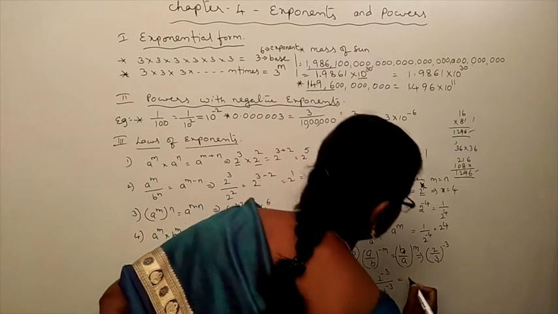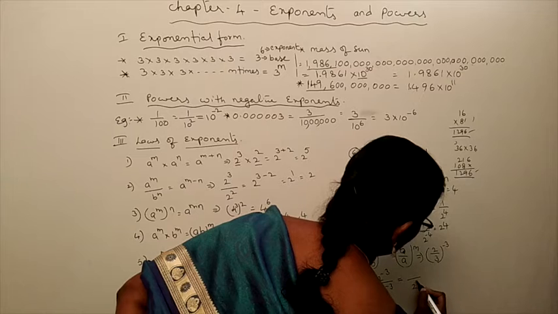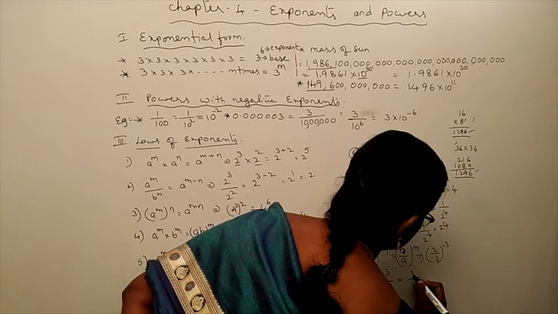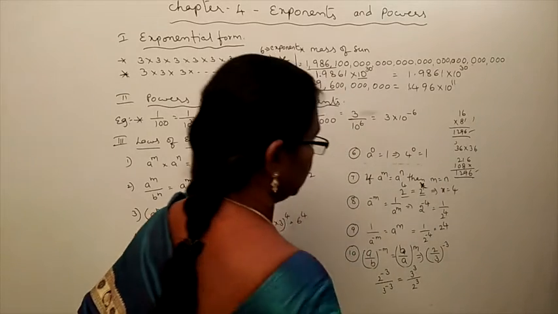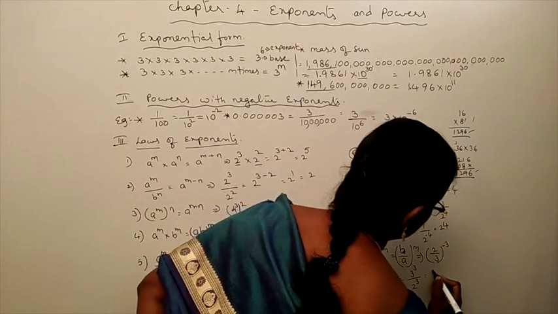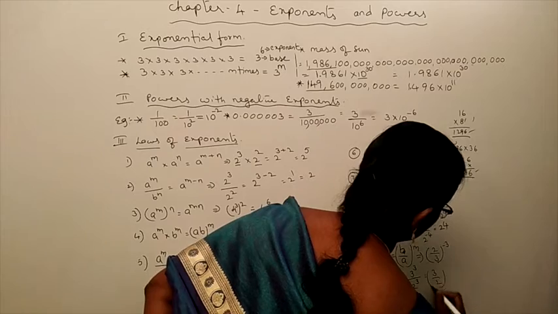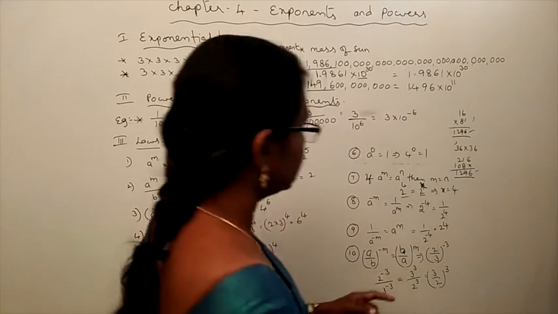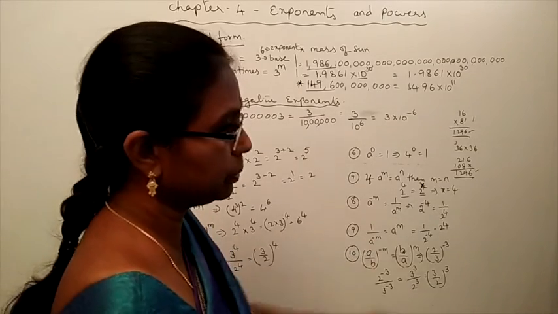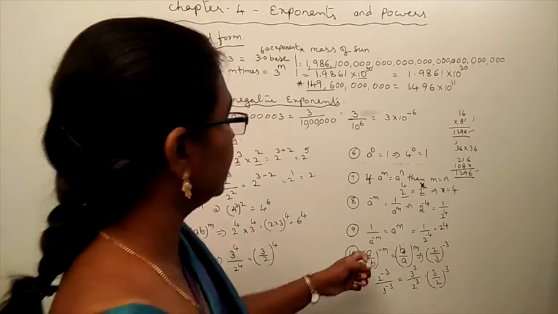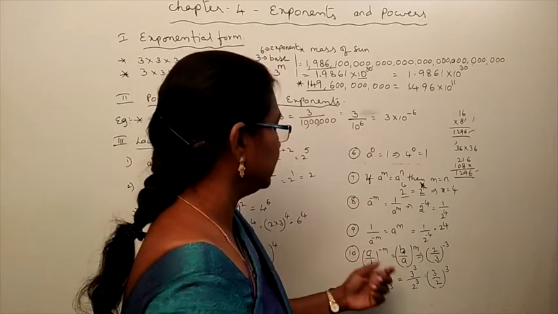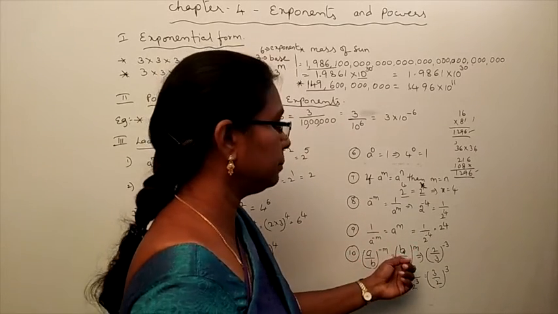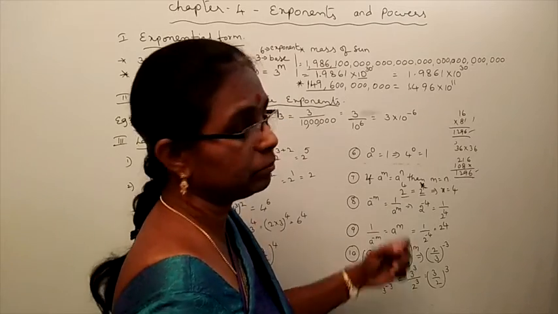Now the negative will come down as positive, and the negative moving down means it will come under the numerator. Then 3 cube. Now how to write? 3 by 2 whole cube. Then what is the law? A by b to the power of minus m is equal to b by a to the power of m. Here the negative will become plus, then the fraction will interchange: numerator will become denominator, denominator will become numerator.